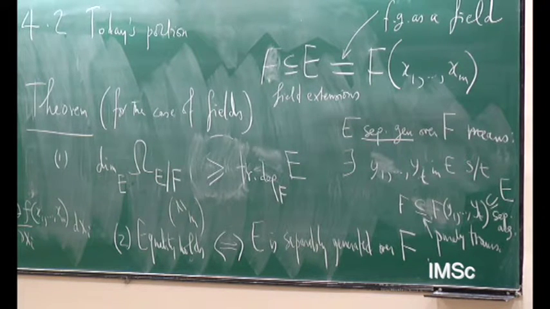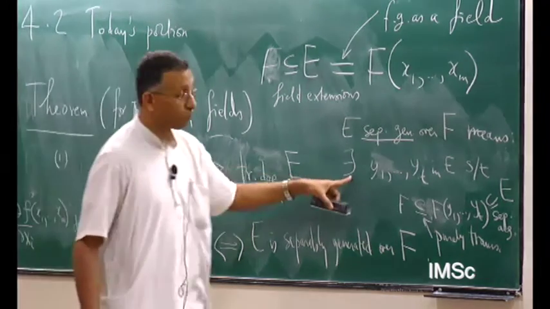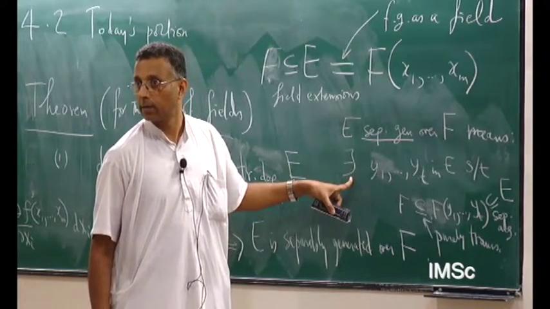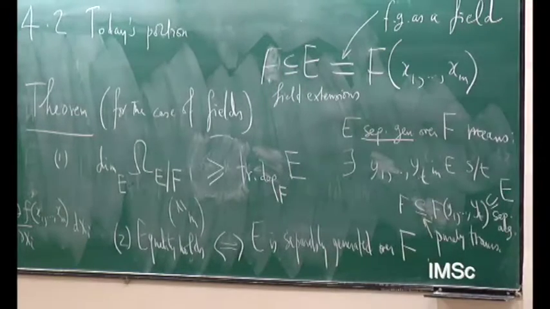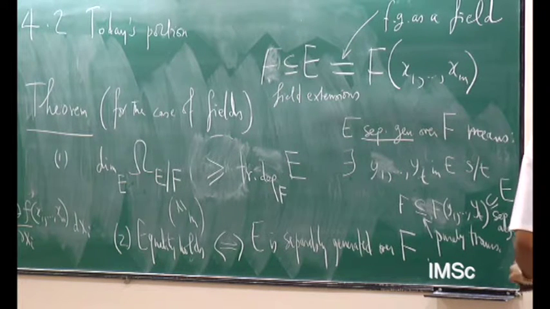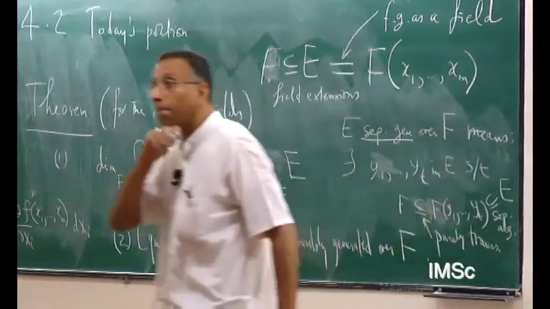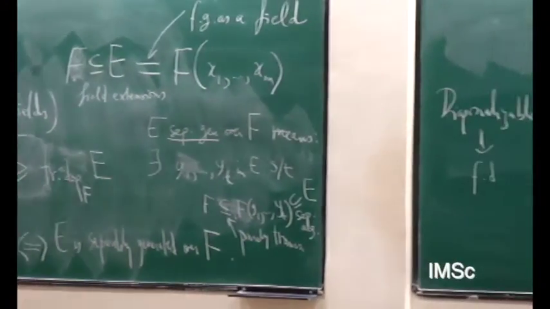Now observe that, do not jump to the conclusion that if I take some other transcendence basis, the same will be true. It need not be. Even for very good extensions, this is not true. What is important is that there exists one. For example, I could take F(T) as my E in characteristic p, in positive characteristic.